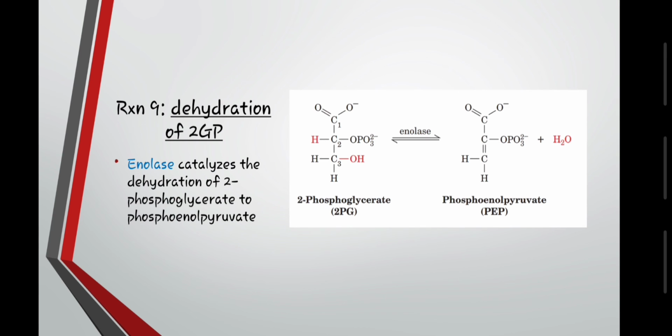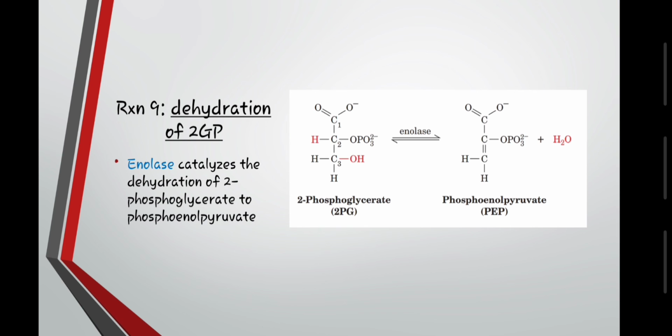Now in reaction number 9, there's a dehydration of 2-phosphoglycerate. This process is catalyzed by enolase, and you end up with phosphoenol pyruvate, which is abbreviated PEP.